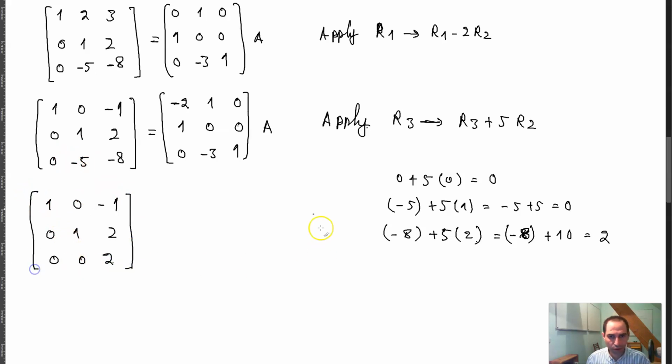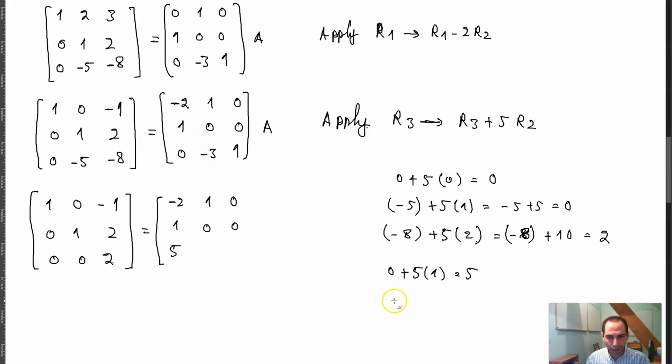And of course I have to do the same thing over here, meaning that the first two rows are going to remain the same, meaning that you have -2, 1, 0 and 1, 0, 0, and here you have 0 plus 5 times R2, which is equal to 5.